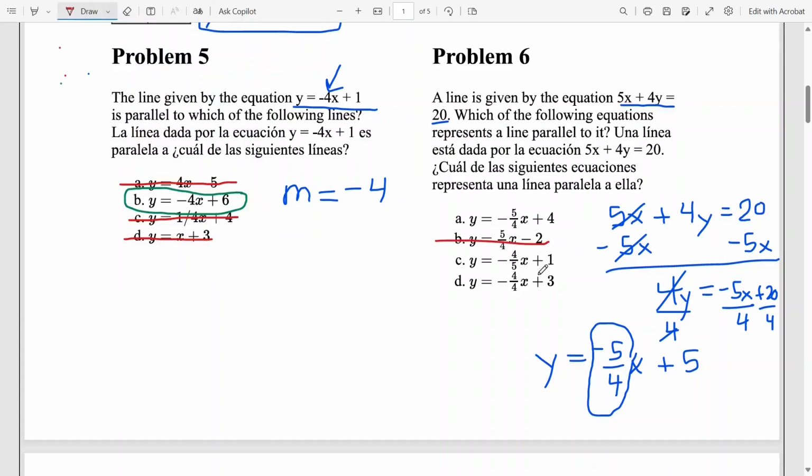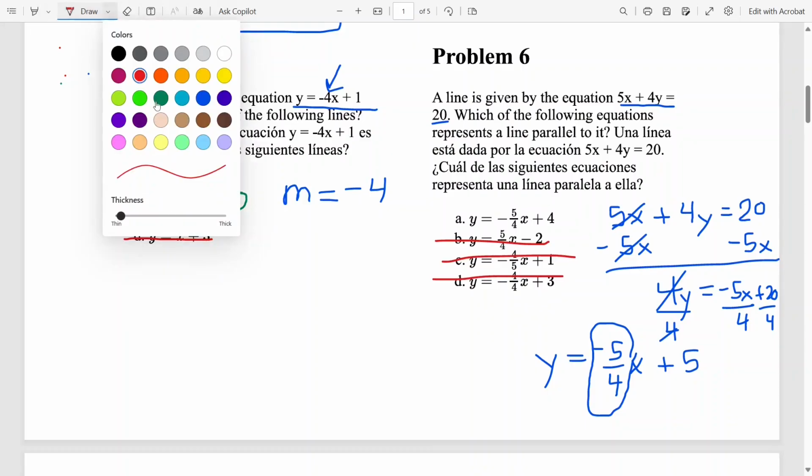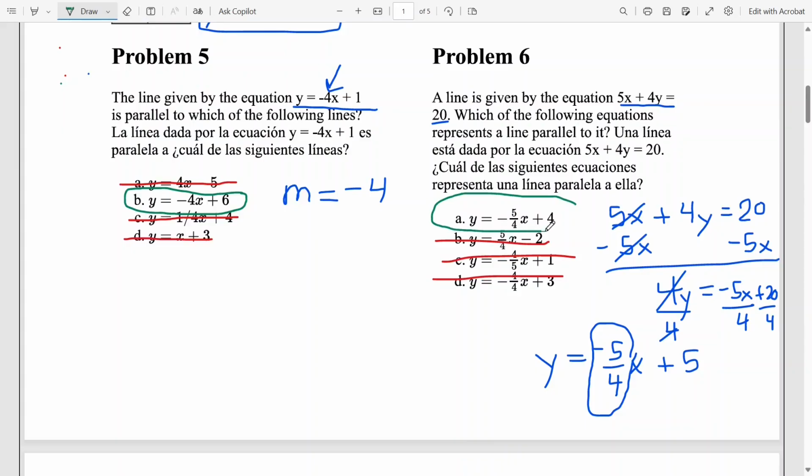So positive 5/4 doesn't work. Negative 4/5 doesn't work. Negative 4/4 doesn't work. But solution A is y equals negative 5/4 x plus 4. So we have the same slope and we have a different y-intercept. That's important too, because if it was the same y-intercept, it would be the same line. But we have a different y-intercept. So the line in solution A is parallel to the line 5x plus 4y equals 20.